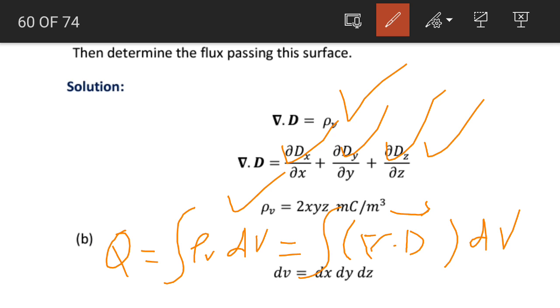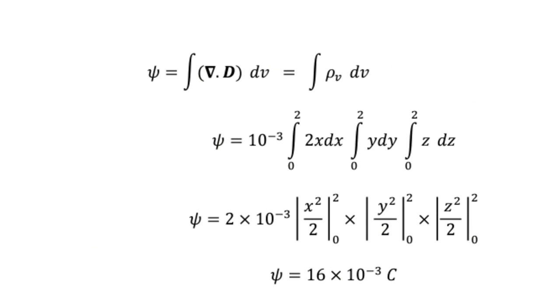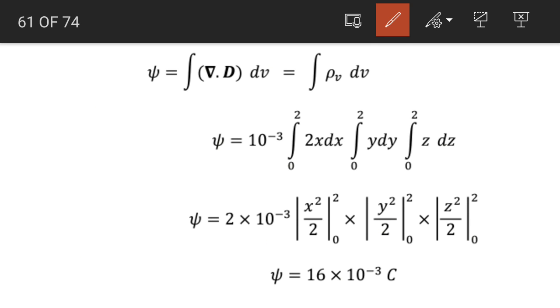The charge inside the closed surface will be equal to the flux passing through this closed surface in the outward direction. We know that the charge will be equal to the integration of rho v dv, which is this particular integration.